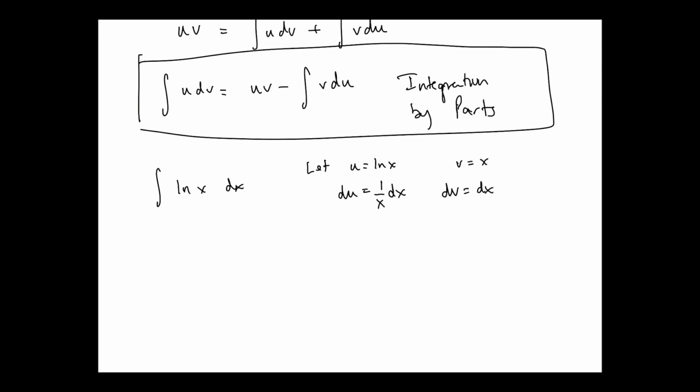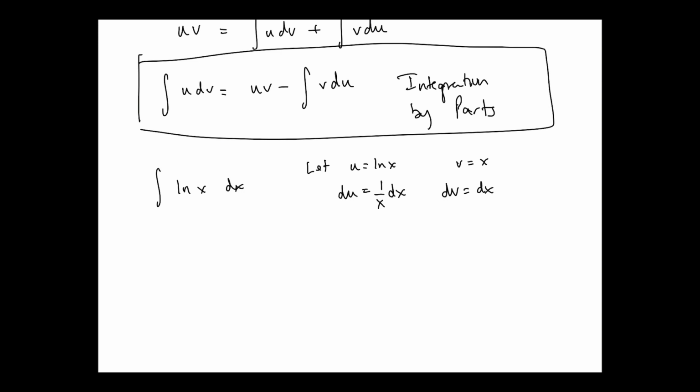So we chose u and dv to be those two quantities. And then if u was log x, then du is 1 over x dx. If dv is dx, then v is x. Okay, and so now I know all four of the quantities that are in my integration by parts formula.